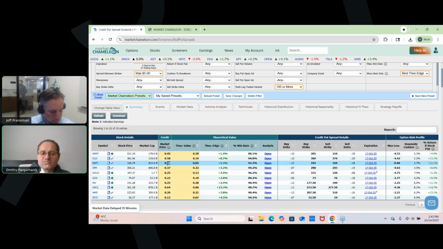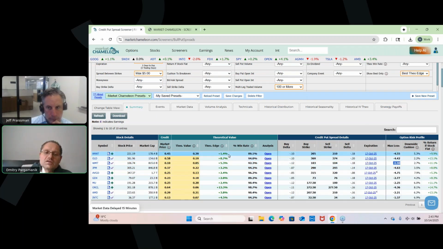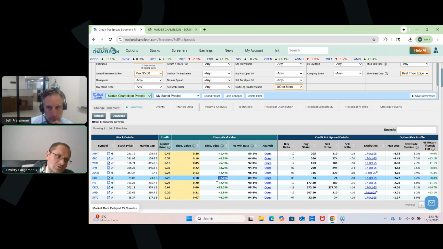So it would take the difference of this versus this divided by the amount at risk, right? So that's what your edges are, based on the amount at risk. So if you're getting an extra 5 cents and you're risking something like 90 cents, it's like 5.3%. So that's what this theoretical edge is: how much more or less are you getting if we use that as the average benchmark relative to the amount at risk.